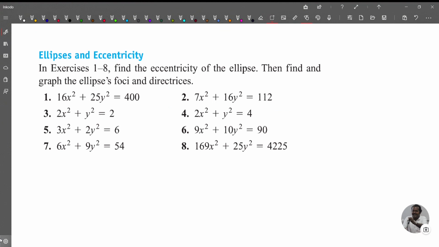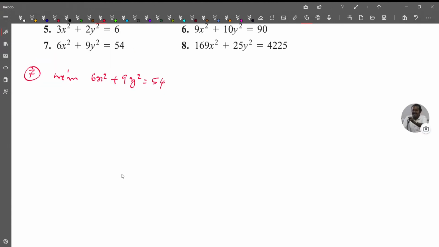Now we do some problems. We do problem number 7 and the remaining problems are homework for you. So problem number 7. We have 6x square plus 9y square is equal to 54. Dividing by 54 we will get x square divided by 9 plus y square divided by 6 equal to 1. So this is the standard equation.